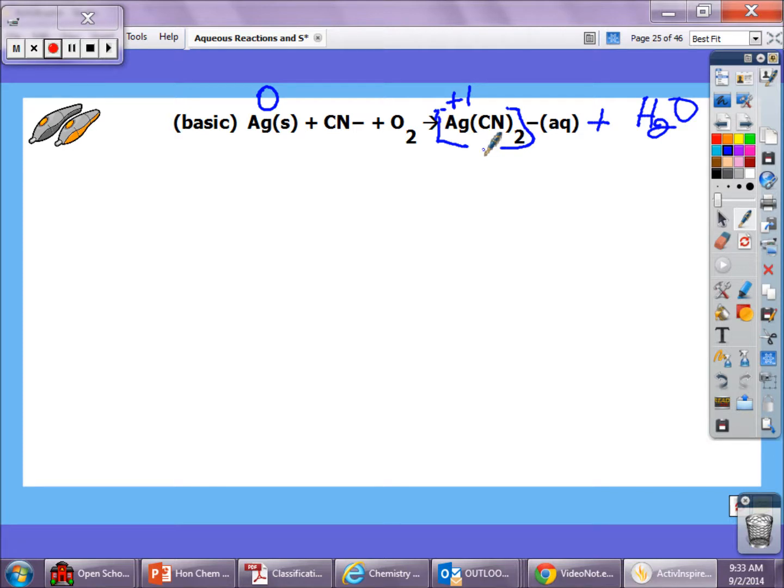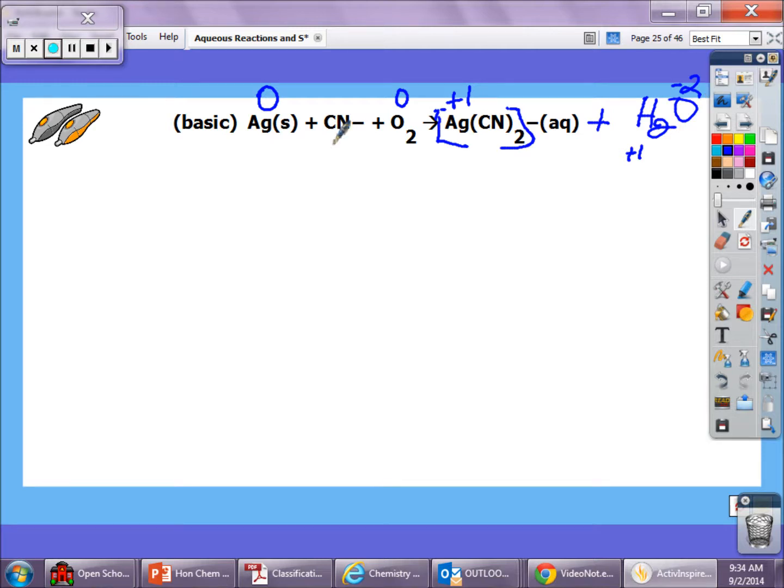So let's see what happened. Oxygen here is an element. It is not in a compound. The oxidation number is 0. But in water, hydrogen is +1. There are 2 of them, which give me +2. And I know oxygen is always -2 except in peroxide. So oxygen went from 0 to -2. Oxygen is reduced. The oxidation number went down.